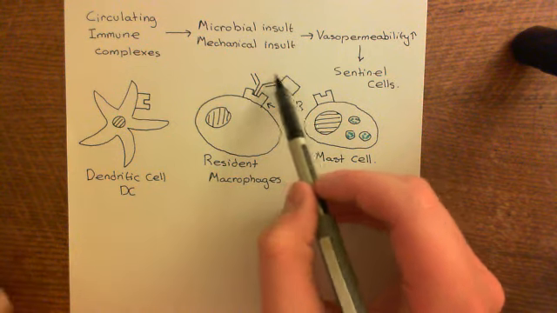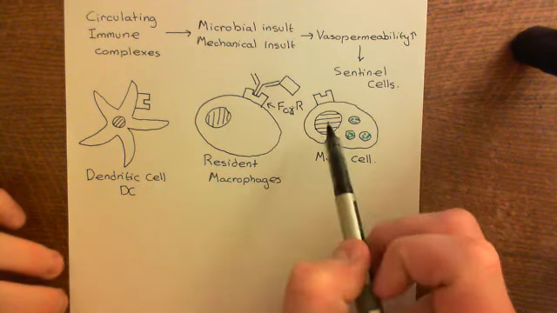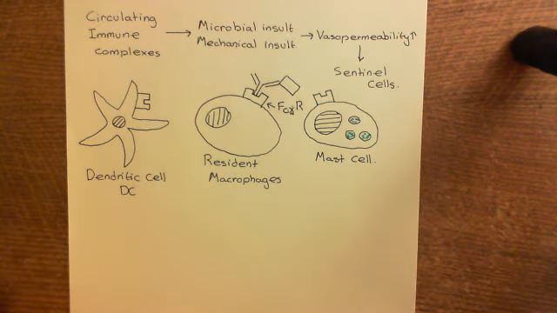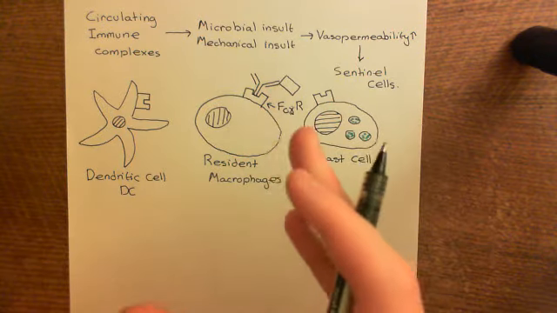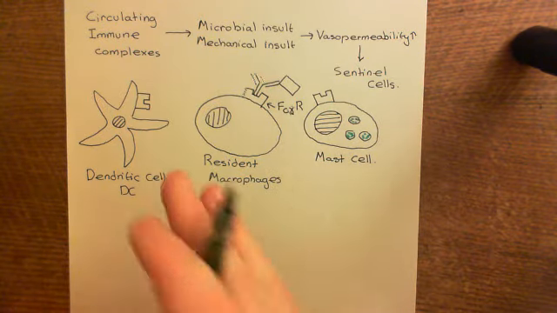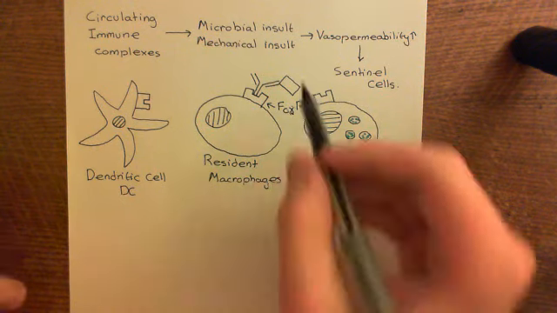That is why immune complexes should activate these sentinel cells. It's a way for the sentinel cells to be primed against this specific protein, whereas they didn't have that mechanism innately. So it's a way of upgrading your sentinel cells.